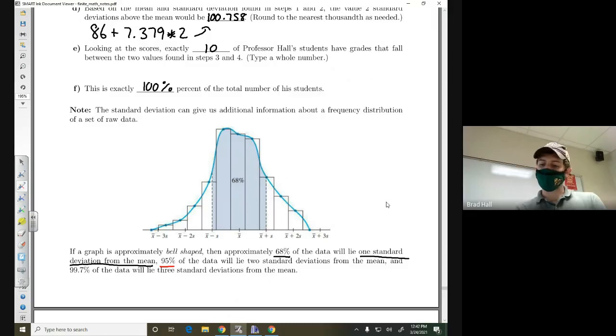About 95% is 2 from the mean. And 99.7% is 3 standard deviations from the mean. This is the important idea, and I'm going to emphasize this in the next section, but that's the assumptions you get. It gives you an idea about how the proportions are distributed and how the standard deviations help you determine that. It gives you an idea of what percentage of values lie within a number of standard deviations from the mean.